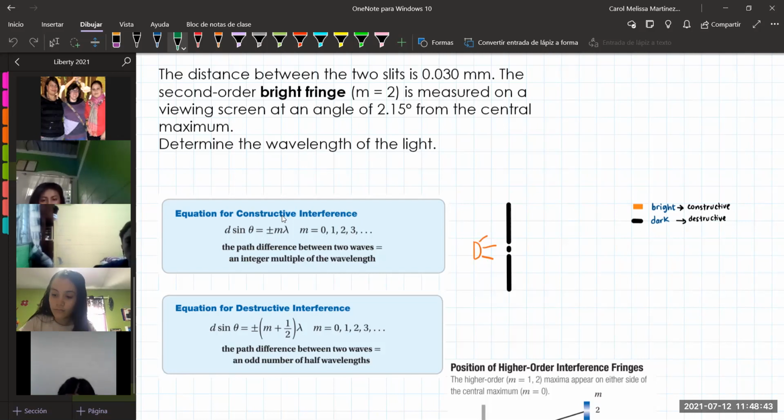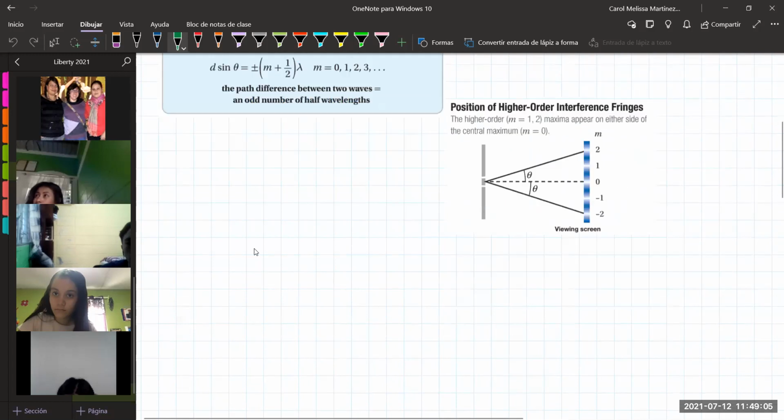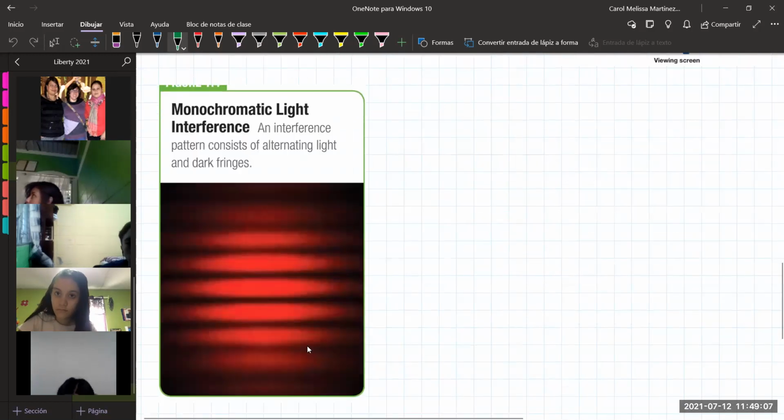Imagine that this is like a light bulb. So this is my light source. What is going to happen? My light is going to pass through the slits, and it's going to create the pattern that we saw in the video. That is this pattern right here.